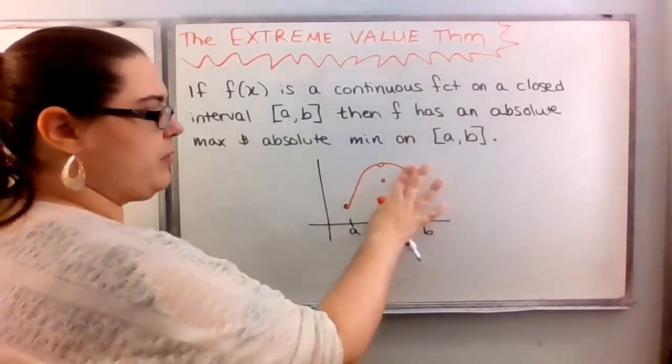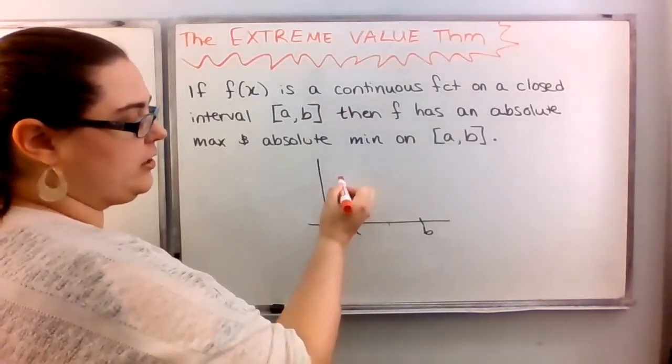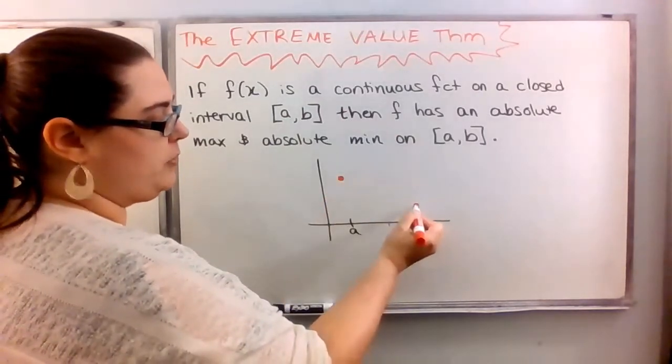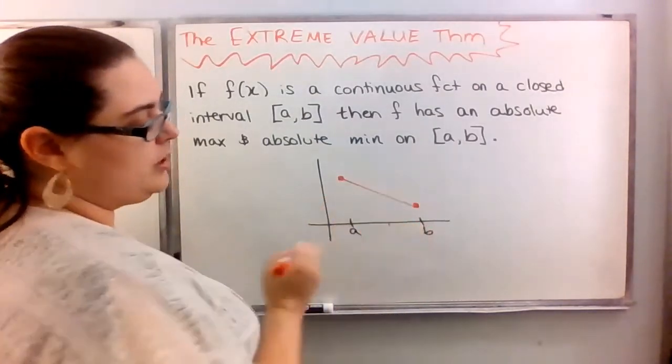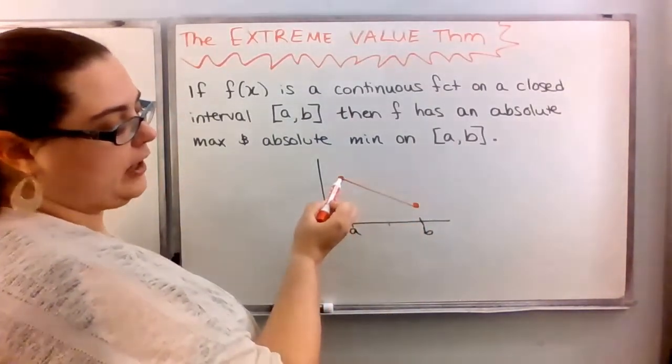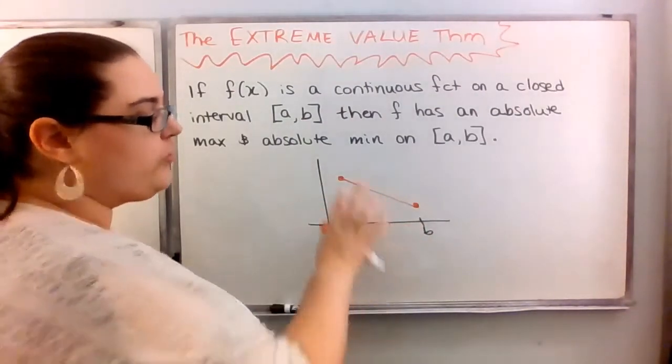You can try some other things, like maybe pick a point for A that's taller than the point that you have for B, but you're going to run into the same kinds of issues. This time the maximum is happening at A instead of at B. So that would be your challenge.